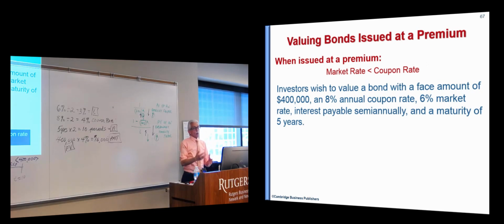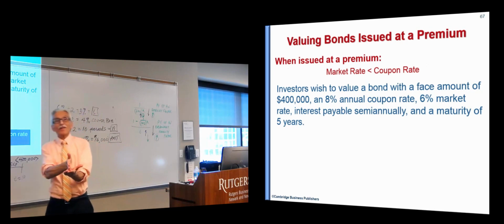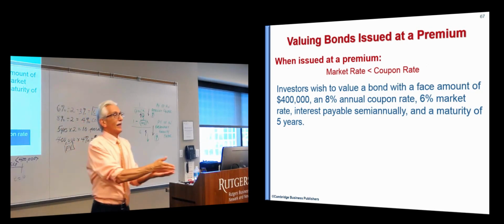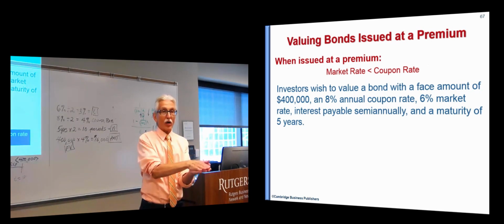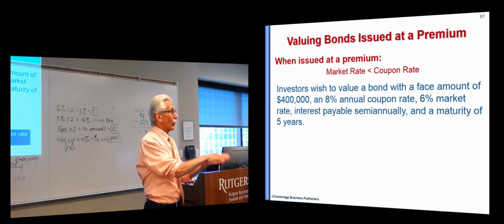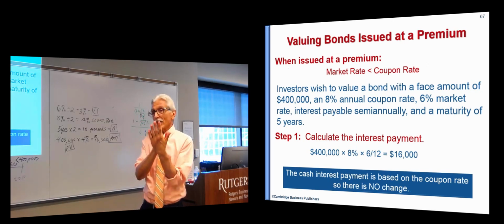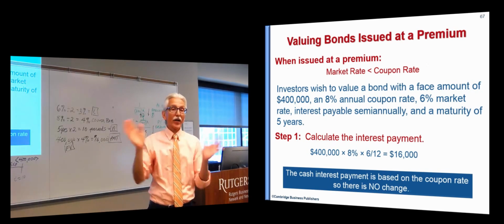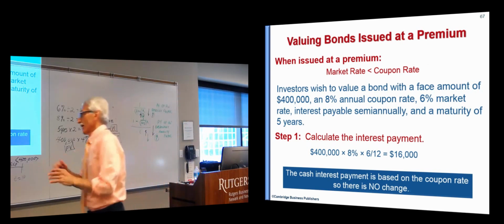I think what the authors are trying to make very clear in your mind is that we don't care what the market rates are. That bond contract is a legal document, and I've got to pay you $16,000 every 6 months. I don't care what the market rates are doing. So you're locked in to that rate.